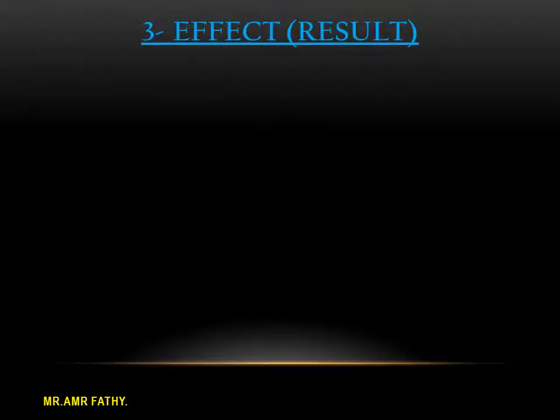The conjunctions, or the linking words. In the last sessions we have seen how to use the linking words that show contrast and cause. In today's session we will see how to express effect or result by using linking words.